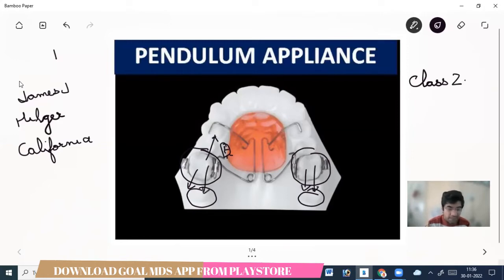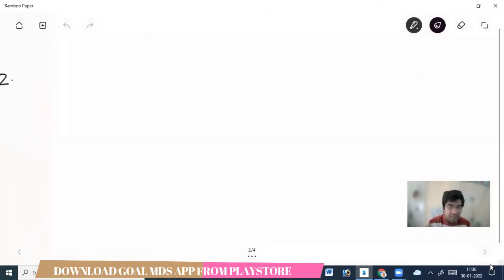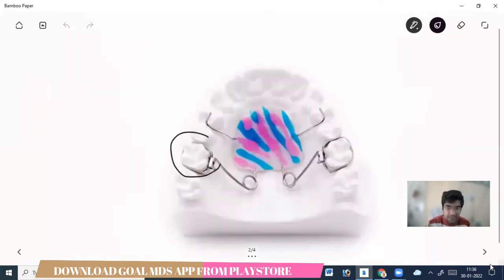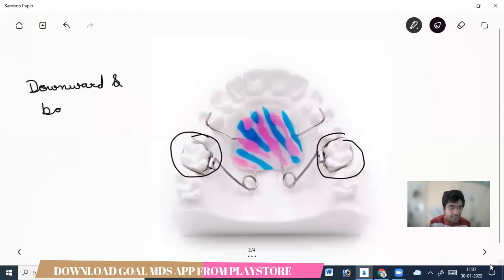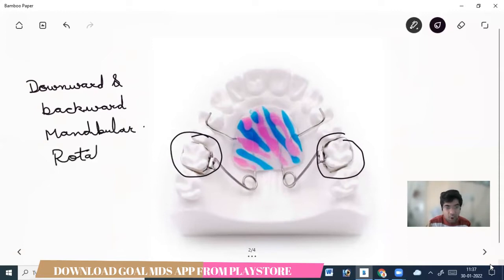Along with that, the distalization will cause downward and backward mandibular rotation, that occurs in the clockwise direction.